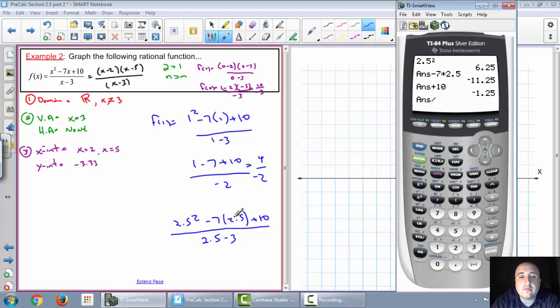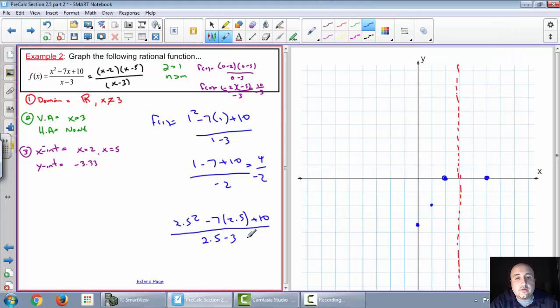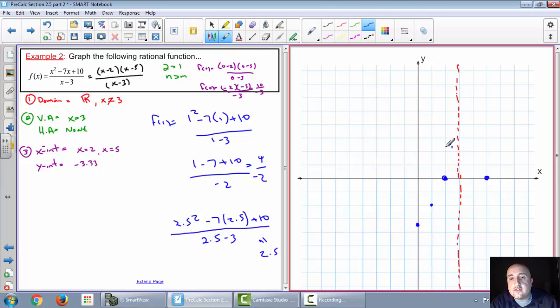And that's all divided by 2.5 take away 3, which is negative 0.5. So that's equal to 2.5. So when I plug in 2.5, I get 2.5. Now we can see the general shape of this. Remember, I can't touch the asymptotes. There's the left side.